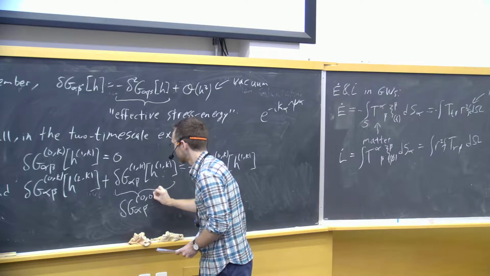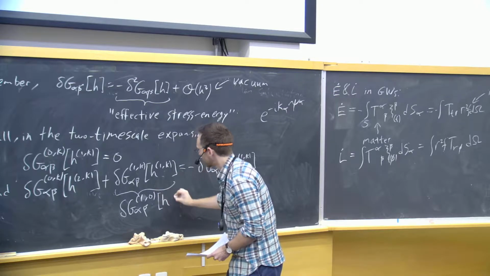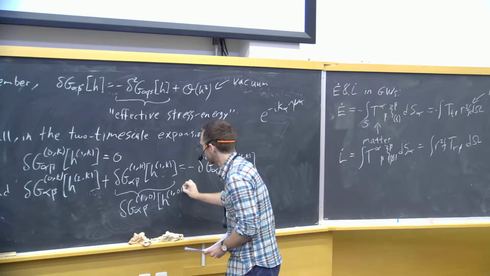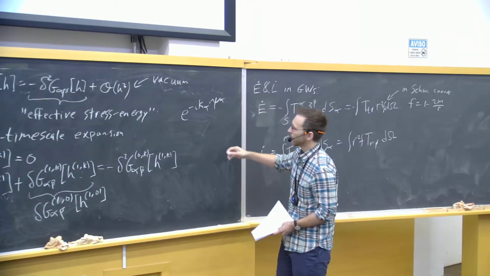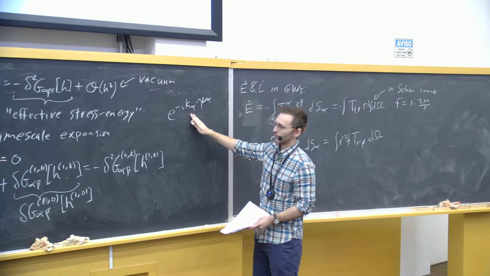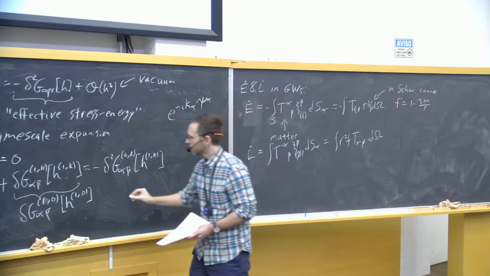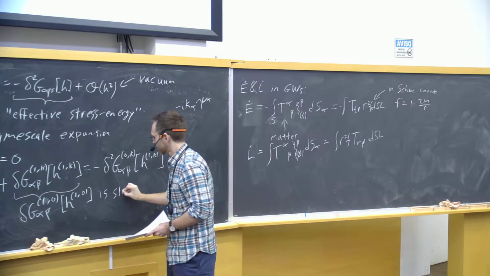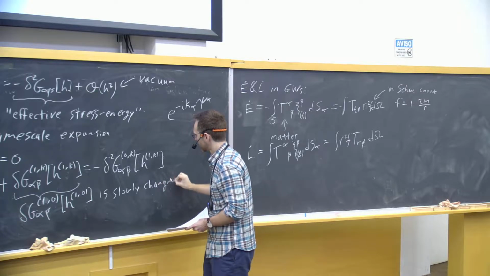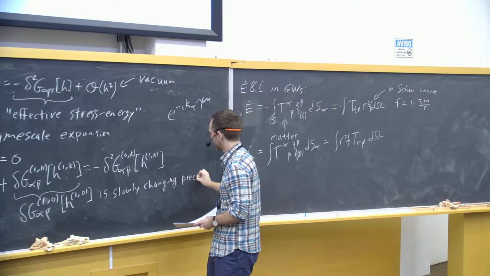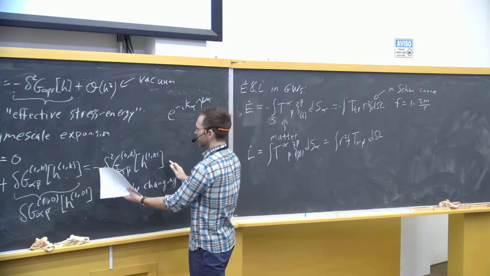So the 1, 0. That's going to be constructed from the 1, 0 piece of the first order perturbation. So when K is 0, this oscillatory term disappears, and you're only looking at the slowly changing piece. And that means that is going to be sourced by the K equals 0 piece of this.